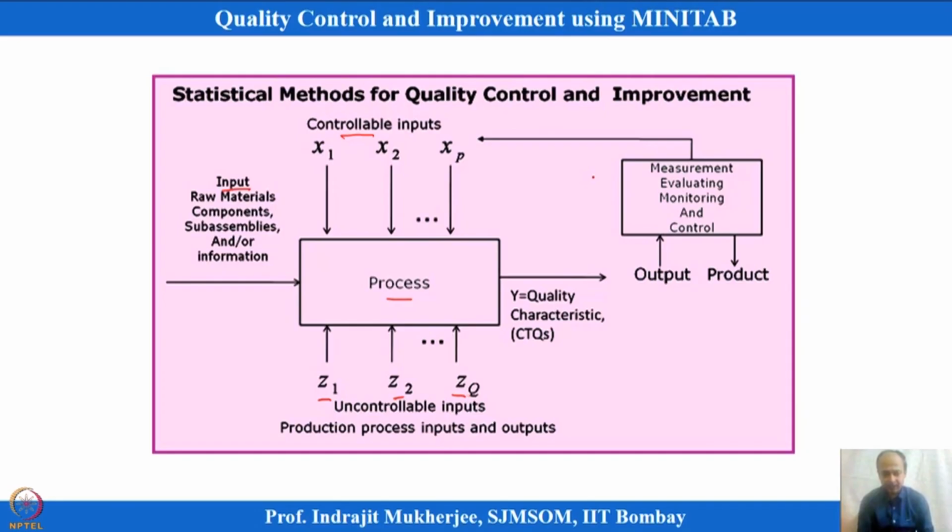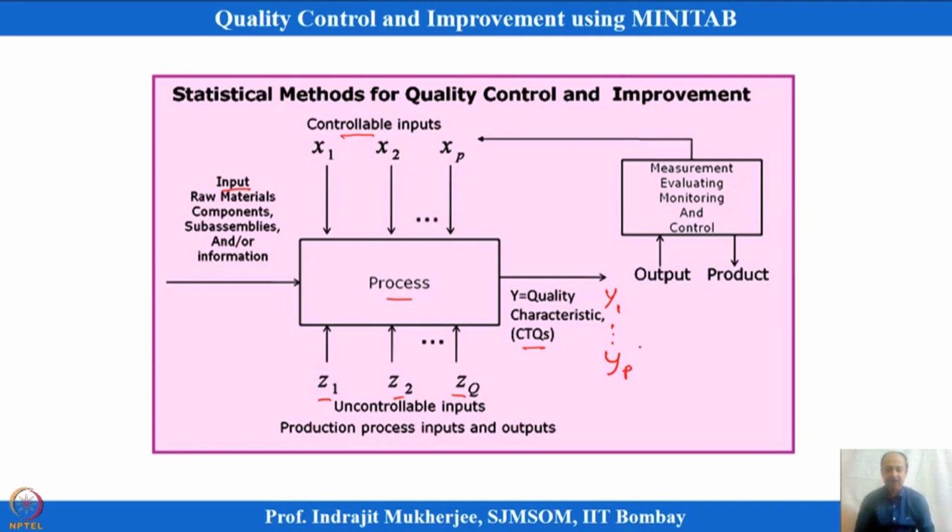With all these inputs, the setting conditions and noise conditions, the process will deliver some quality characteristics, the CTQs. It can be a single Y characteristic or multiple Y characteristics, say P number of characteristics.